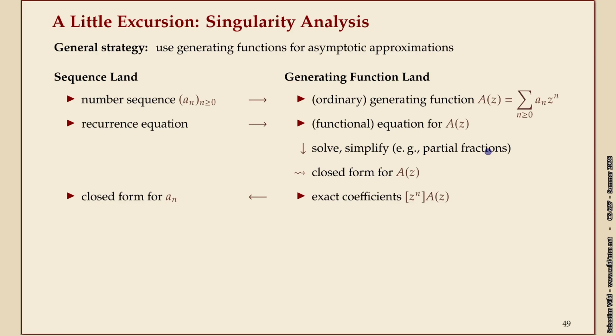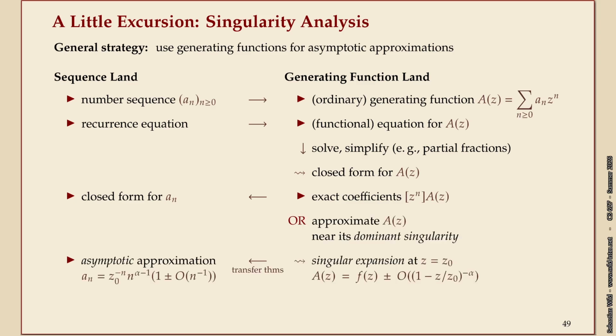Specifically, partial fractions was the magic potion here that did the heavy lifting. So you get a closed form for this generating function where you can, in the best case, extract coefficients back. That's exactly what we did for the vertex cover example.